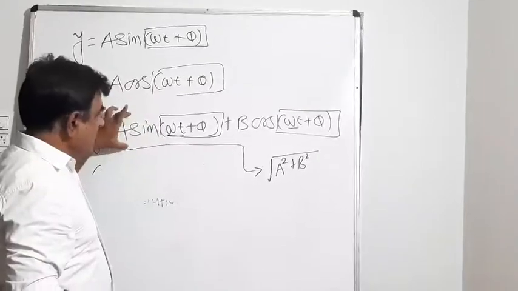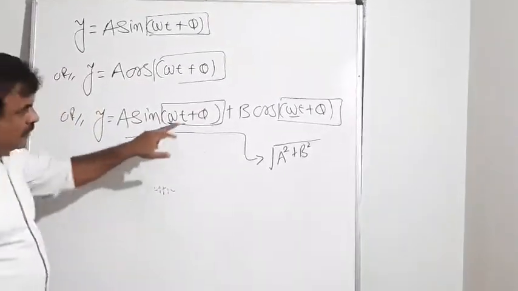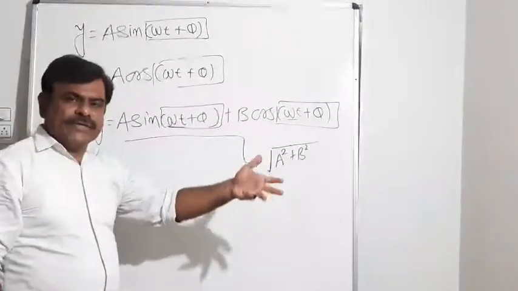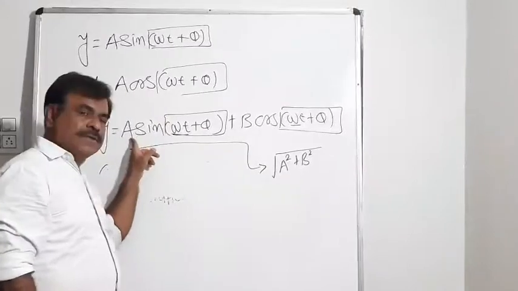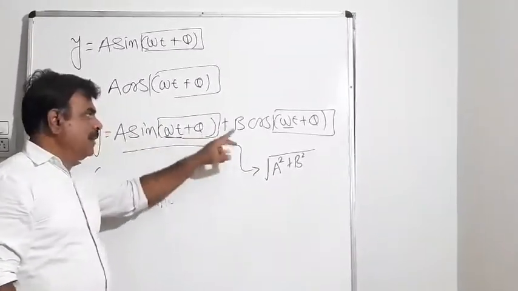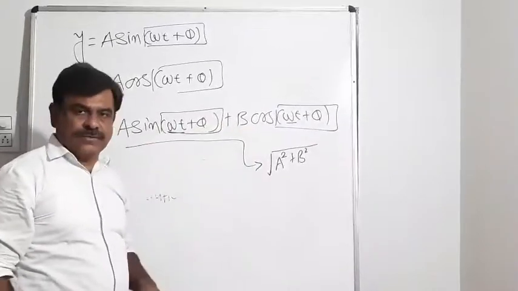SHM was given as a combination of sine and cos, and the question asked what is the amplitude. The amplitude is under root of square of coefficient of sine term plus square of coefficient of cos term.